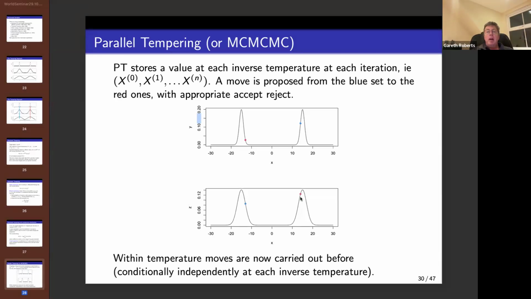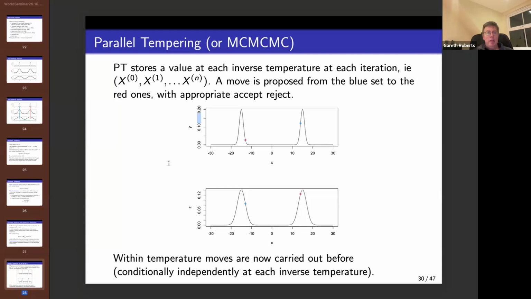Now, it turns out that parallel tempering can be a bit more difficult to implement. But if you look at its asymptotic properties and efficiencies, they essentially behave in identical ways to the simulated tempering one. So even though in practice you might want to implement the parallel tempering one, it's easier to state the results for simulated tempering because you've only got one particle to worry about.